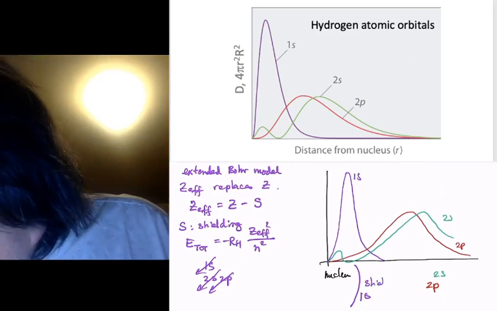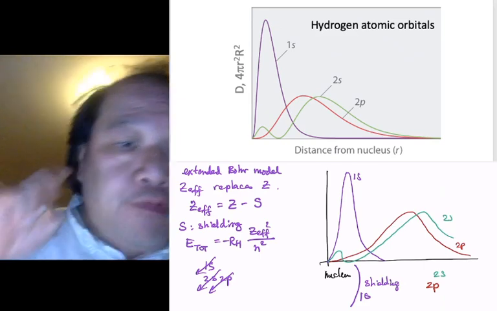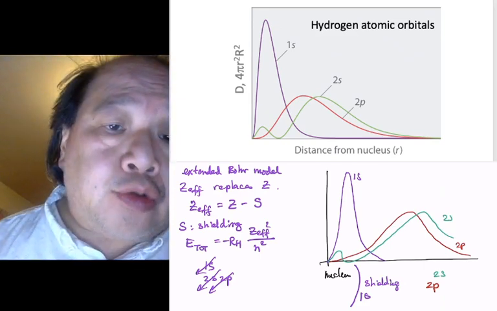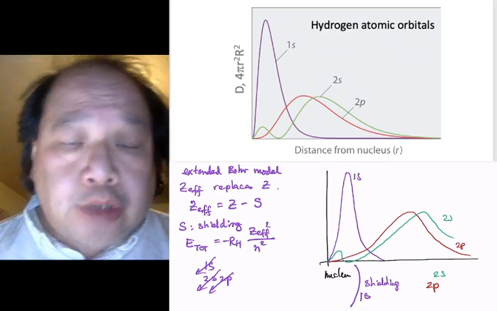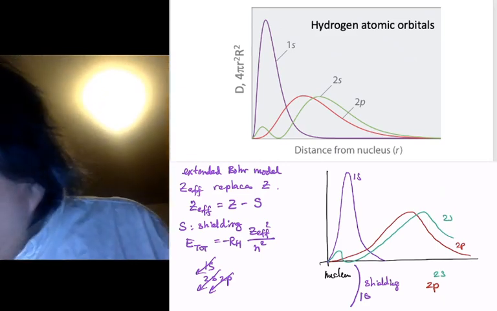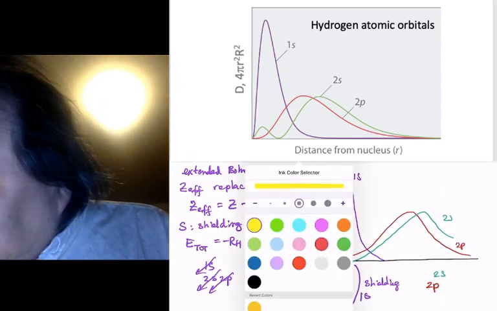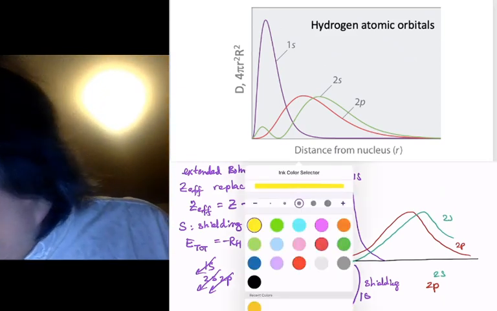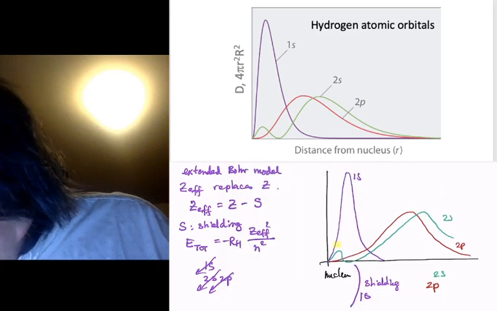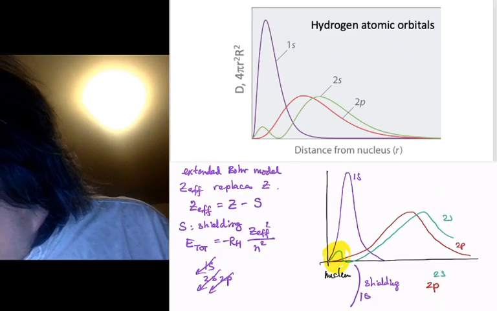But the difference in energy of the 2s and 2p is caused by paying close attention to the distribution function, and you see that the 2s actually has its inner node penetrated.